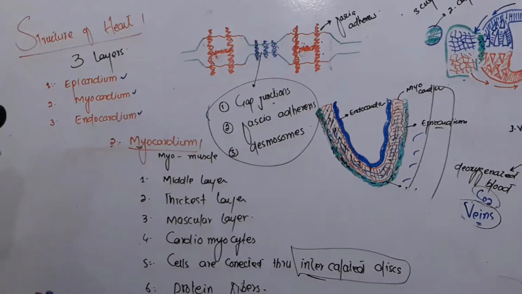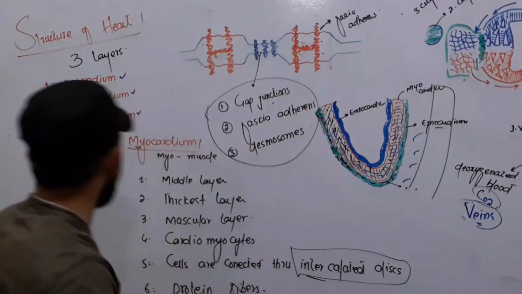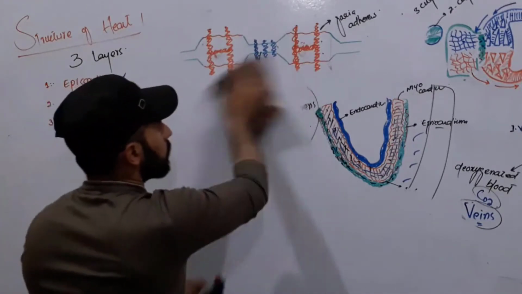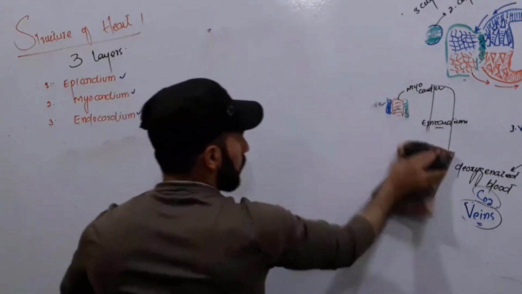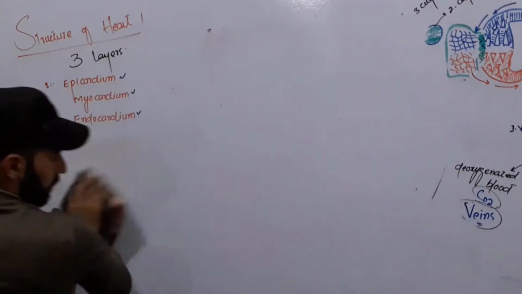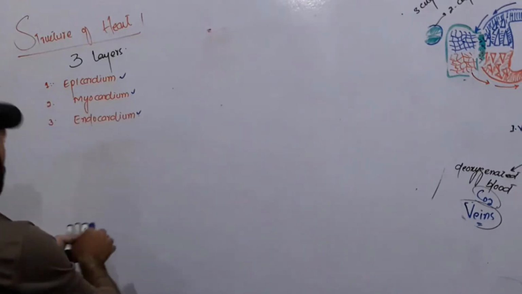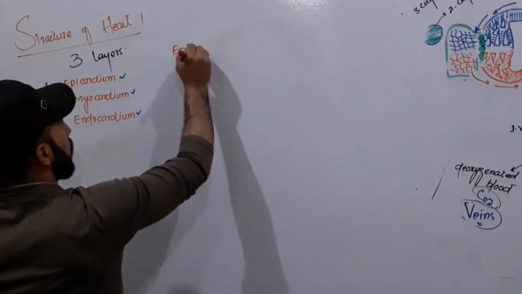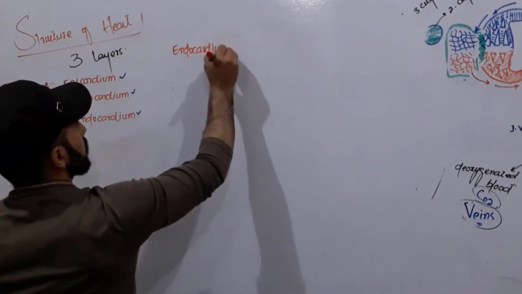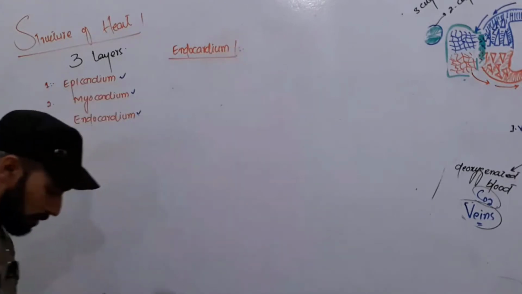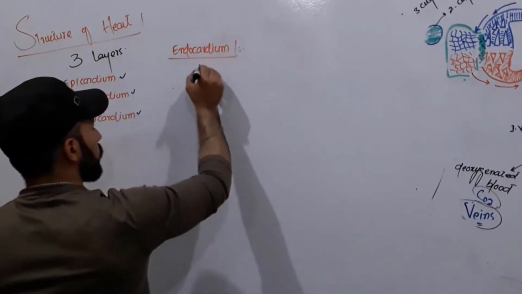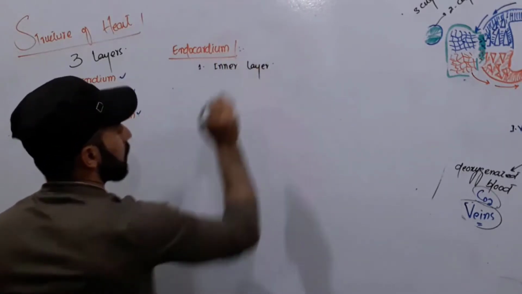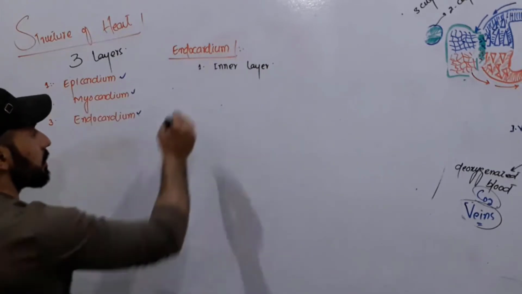Now we move towards the endocardium of the heart. Let's know something about endocardium, the last layer of the structure of the heart. As everyone knows, it is the inner layer, right?